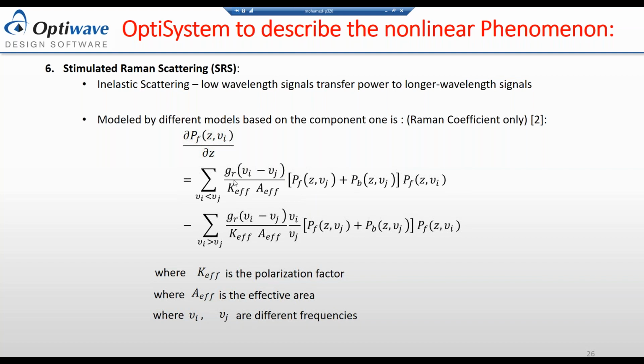This Raman gain coefficient is a function of the frequencies, the difference between the frequencies of the forward and the backward power. We also have a polarization factor, and for sure the effect of the cross-section area. This cross-section area is a very important parameter in nonlinear phenomena.